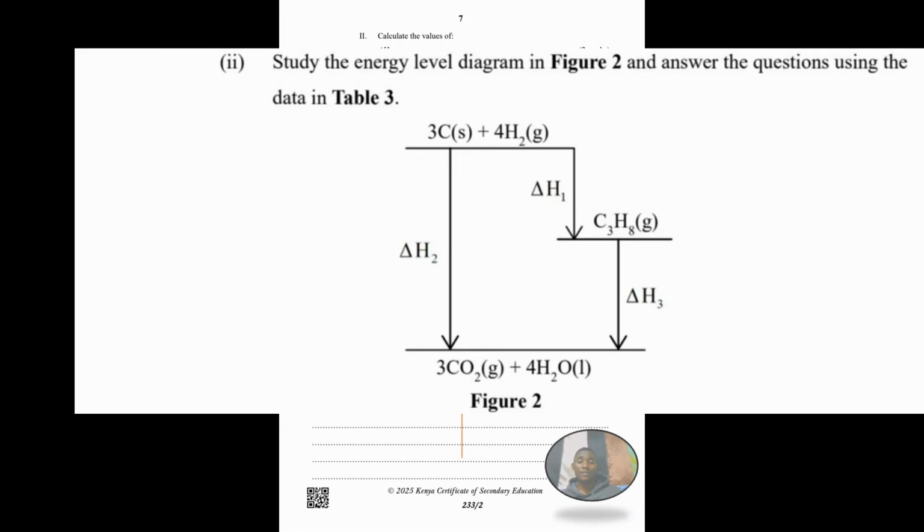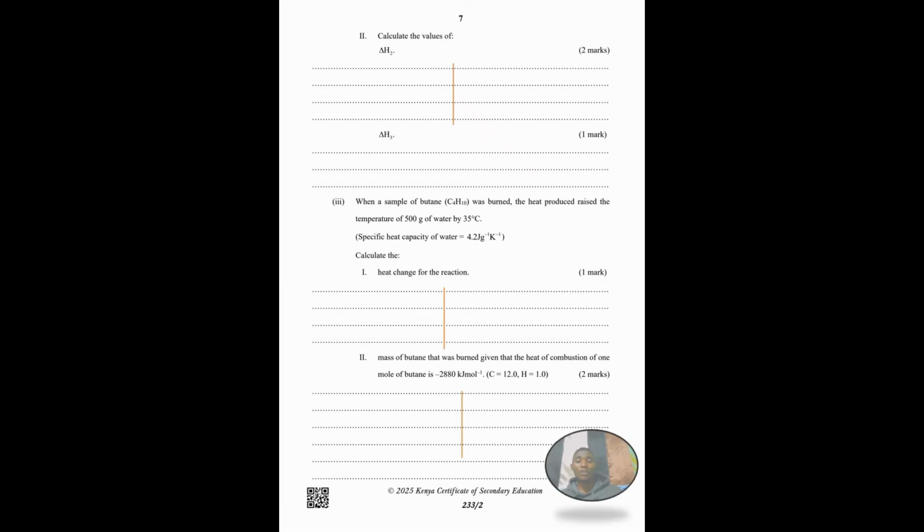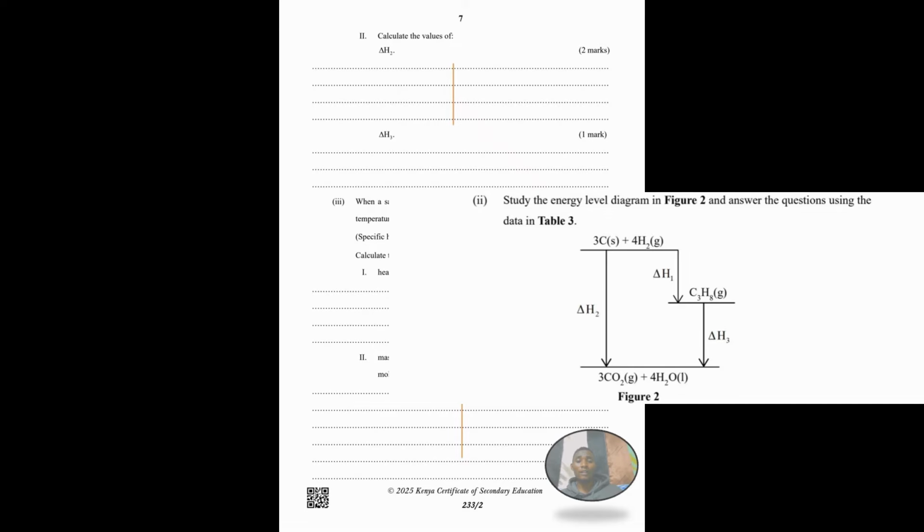So in this case, we can come up with what we call the energy cycle diagram that follows Hess's law, that the energy change in converting reactants to products is the same regardless of the route that is being followed.